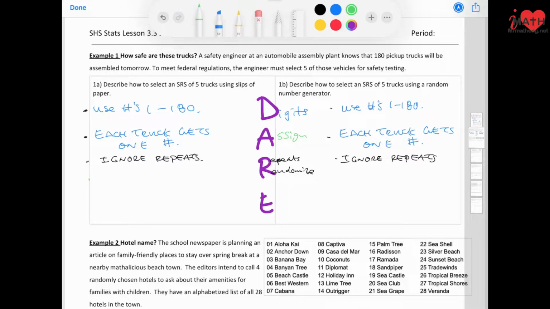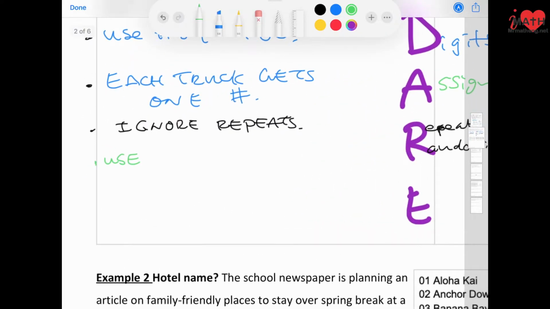Okay, so for the slips of paper, I'm going to use same size paper. Place in a hat. Mix well.